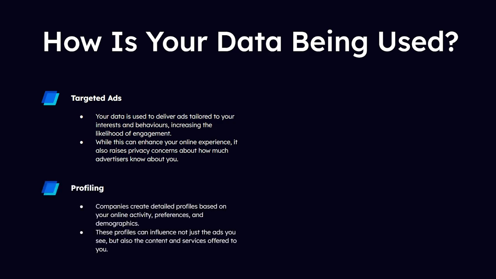So let's look at the element of profiling in terms of how your data is used. Profiling: companies create detailed profiles based on your online activity, preferences, and demographics. These profiles can influence not just the ads you see, but also the content and services offered to you. There are profiles of every single one of us who has ever used the internet in a data agency's or data broker's database.